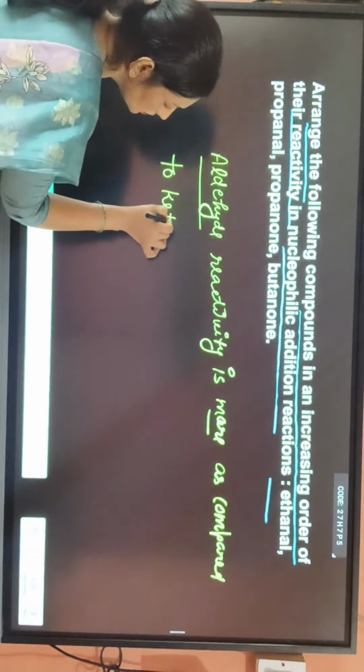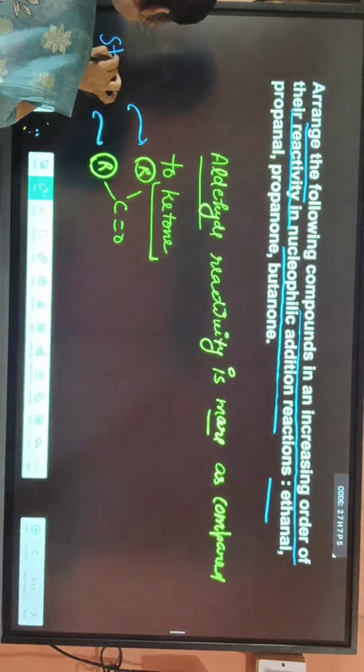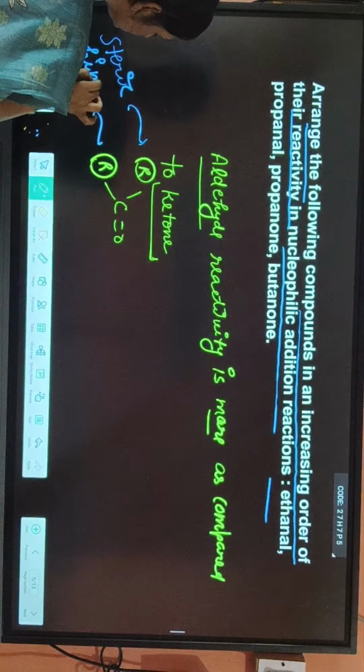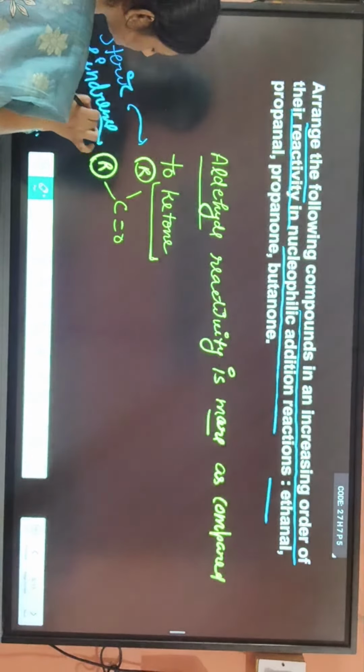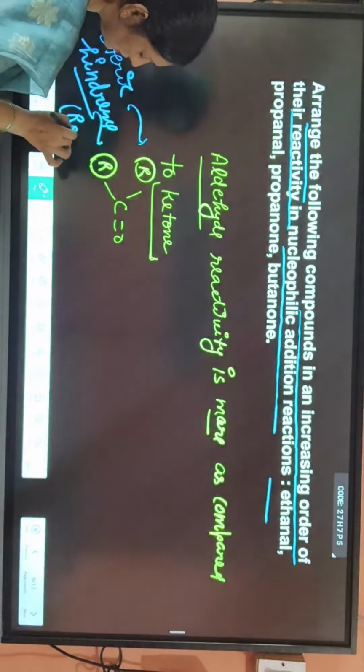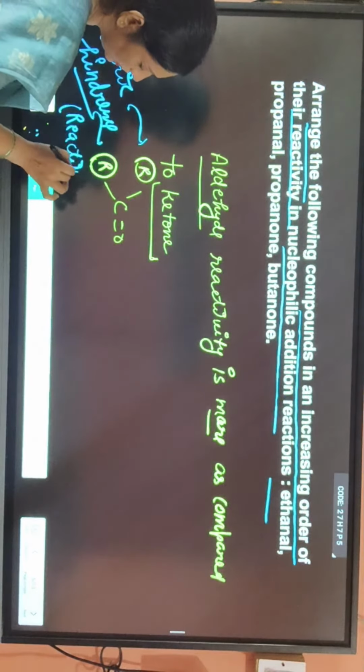Why? Because in case of ketone, two bulky R groups are there, so hindrance will take place, and due to hindrance, reactivity will decrease.